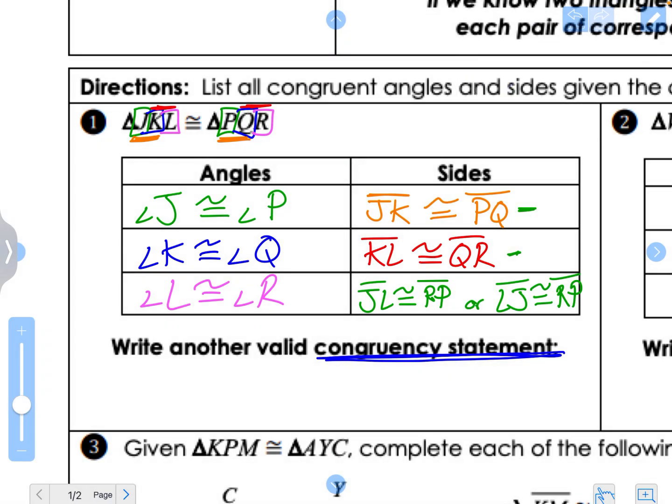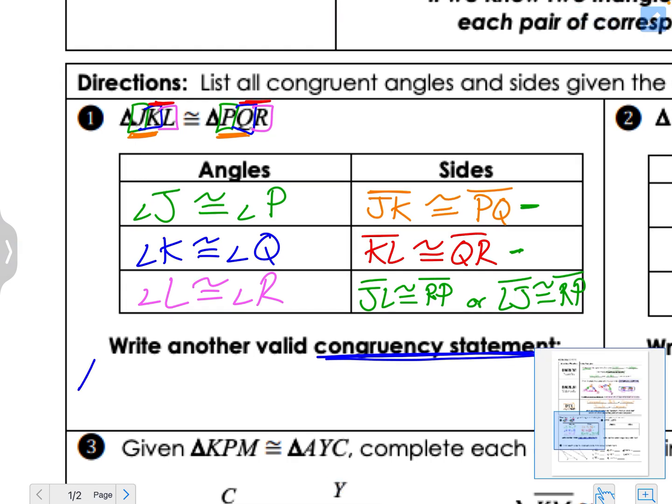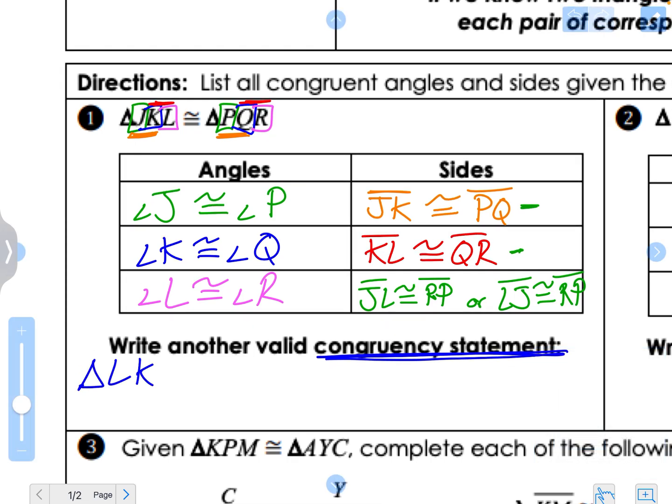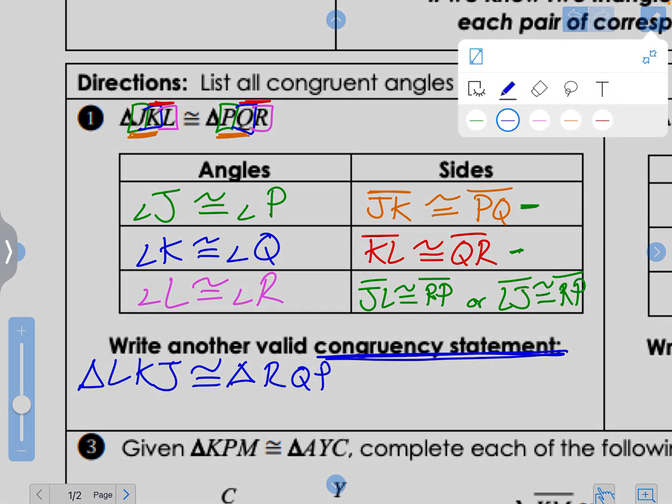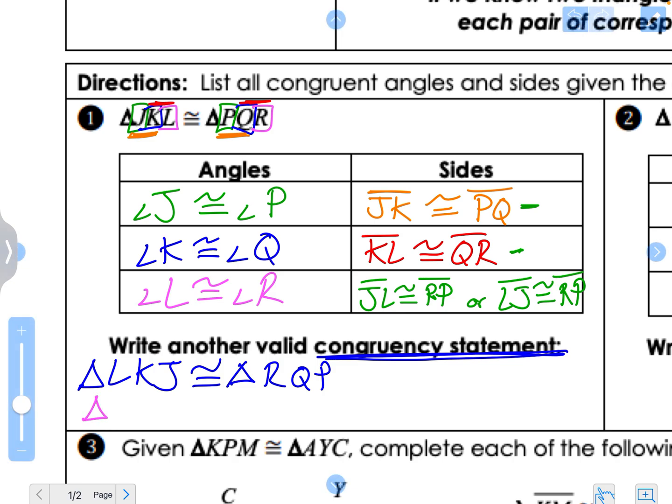So one of the easiest ways to do this is to just reverse the letters. Triangle LKJ is congruent to triangle RQP. We could also do this as triangle KJL is congruent to triangle QPR, and there's different variations as well.